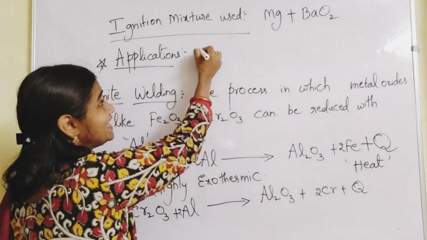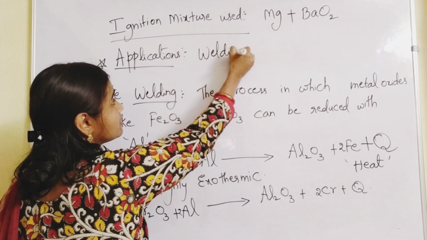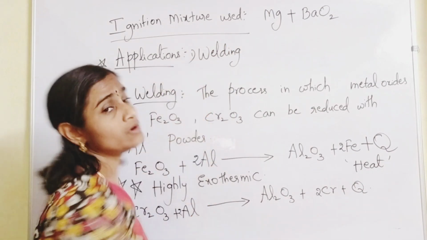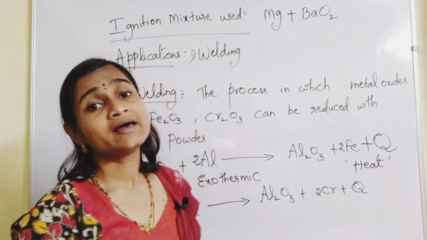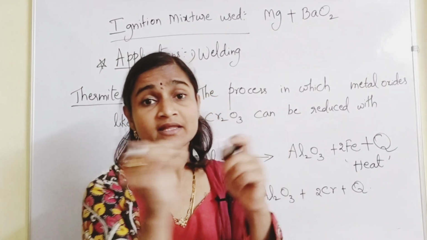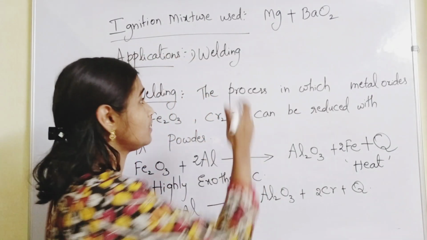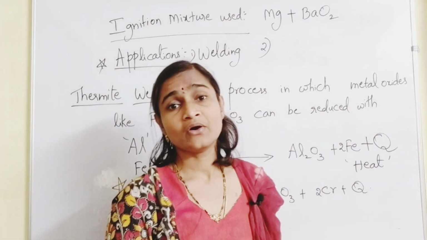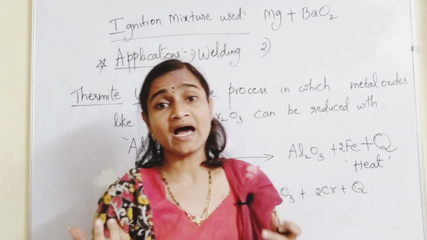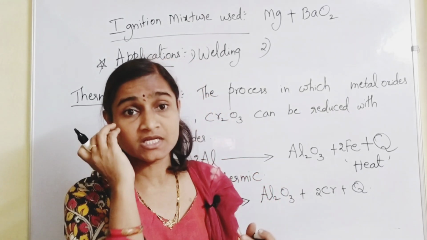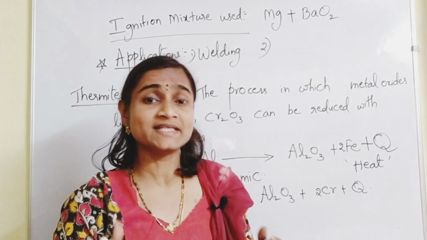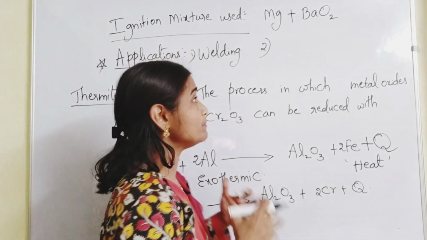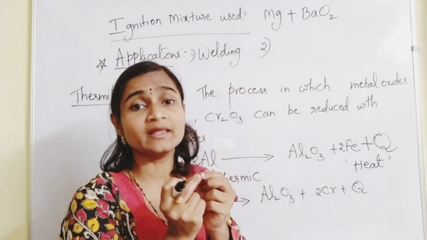It is used for welding purposes, to join cracked machine parts or broken girders. Wherever broken iron parts are there, in machinery or different equipment used in industries, to join them.